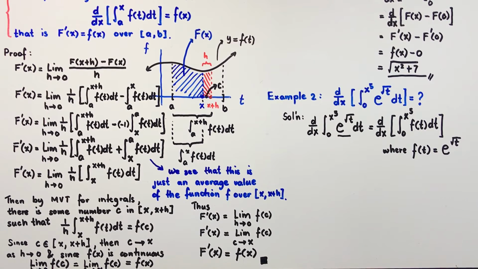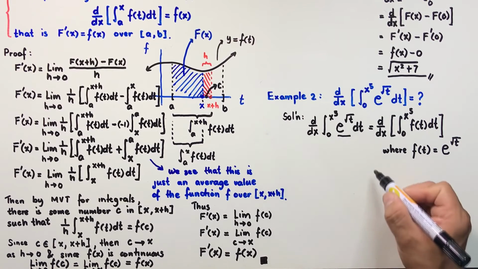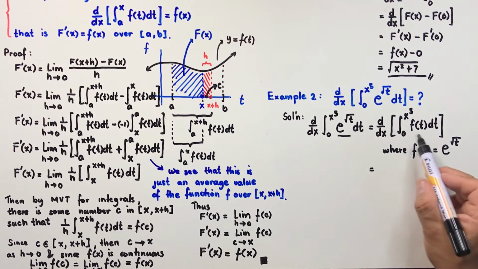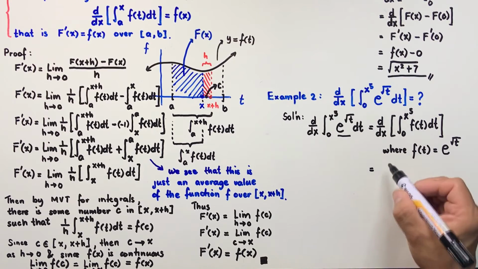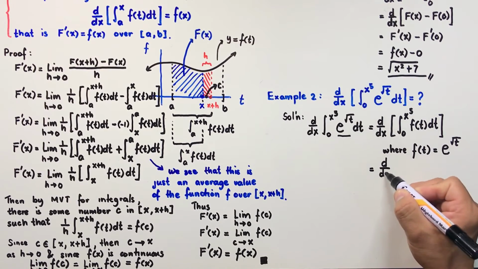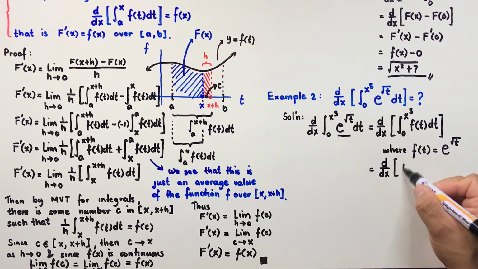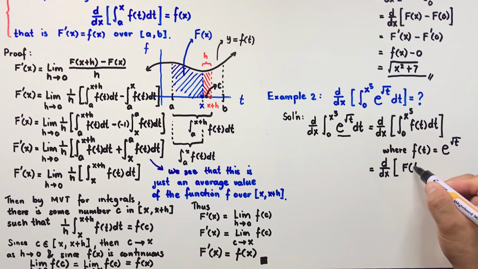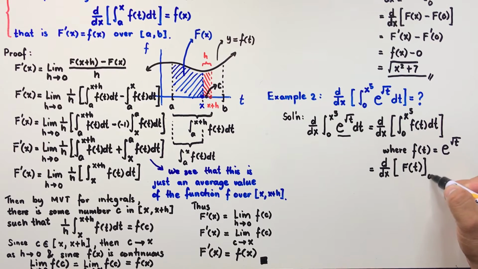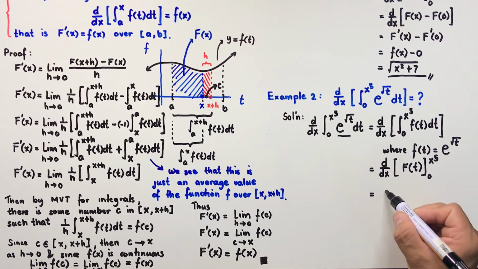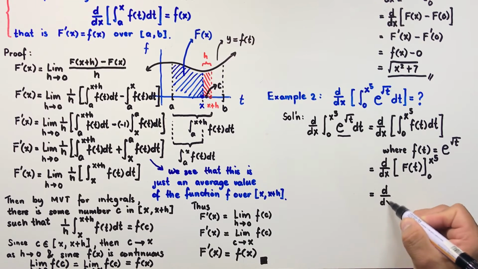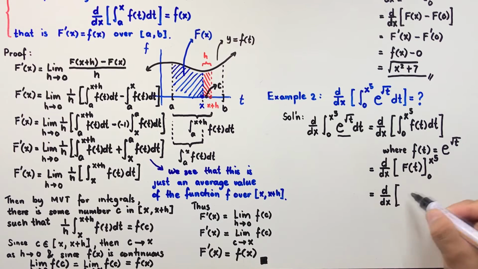And we know from the hypothesis of our fundamental theorem of calculus that this integral of the small f is our big F of x. So this is the derivative of the big F of t evaluated from 0 to x to the power of 5. So evaluating this one from the limits from 0 to x to the power of 5, we have the big F of x to the power of 5 minus the big F of 0 here.